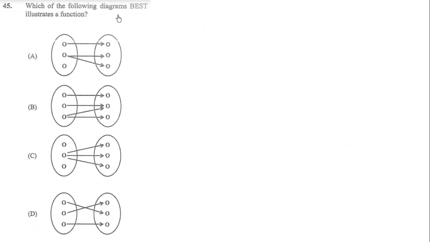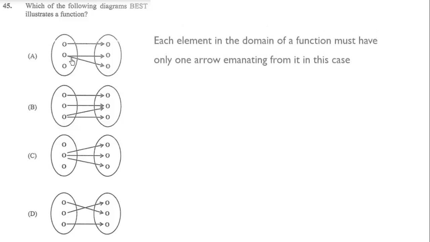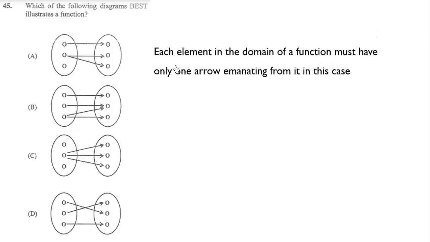Which of the following diagrams best explains a function? So for a function, we must have only one arrow coming out of the domain. So this is the domain, and this is the range, or this is the codomain.